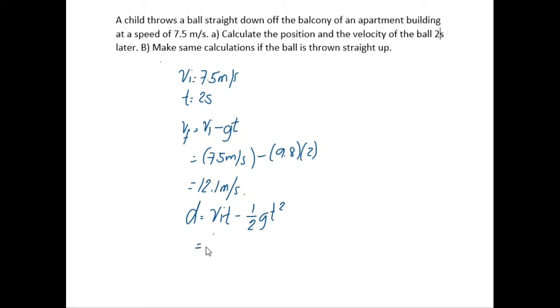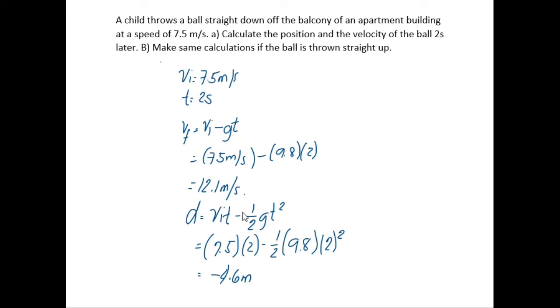Our initial velocity is 7.5 times the time, 2 seconds, minus 1/2 times 9.8 times the time given again, 2, and then you have to square it. So the distance traveled would be negative 4.6 meters.